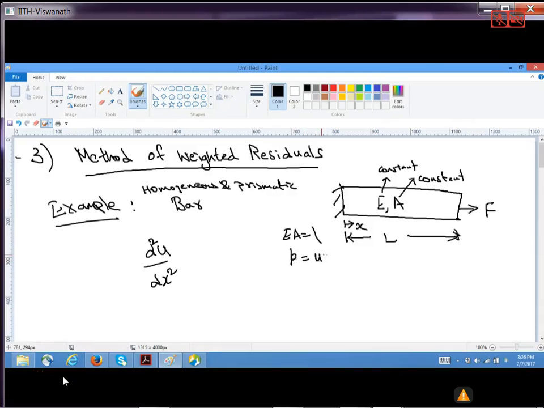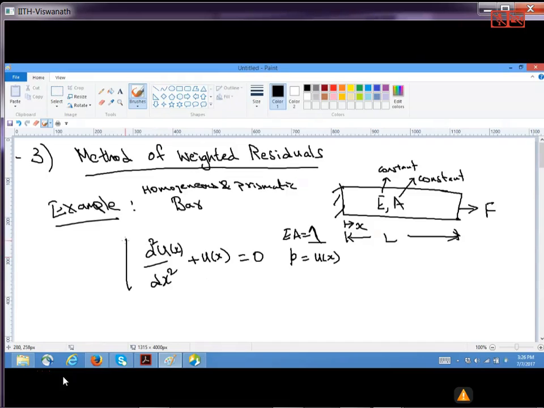Let's assume. How? Because we are solving some arbitrary beam whose point load and body forces depend on the displacement function, and E times A is 1. Because I am solving some academic problem, I can always assume this. In that case, my differential equation will become something like this.